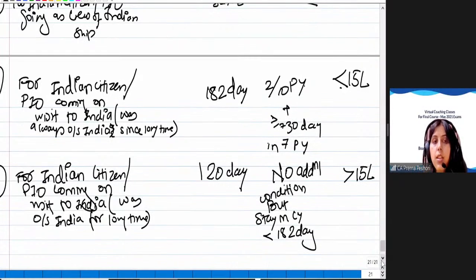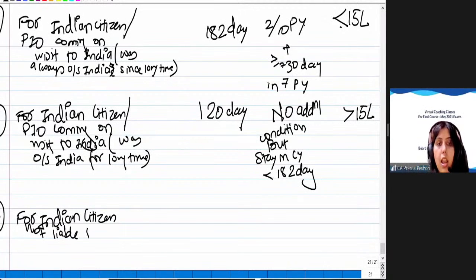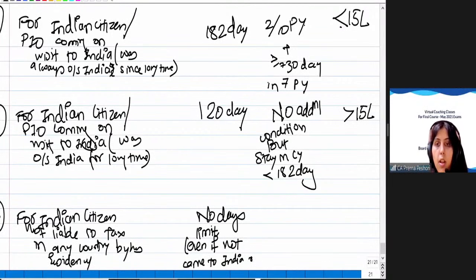And the last one, for an Indian citizen not liable to tax in any country by his residency, no days limit. Even if he has not come to India once.